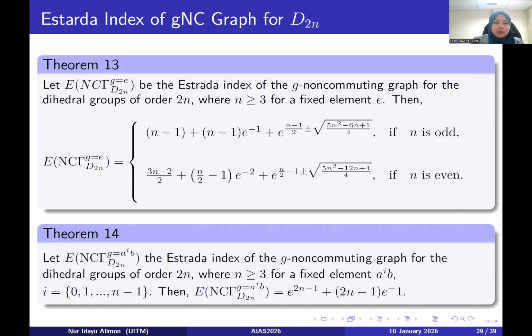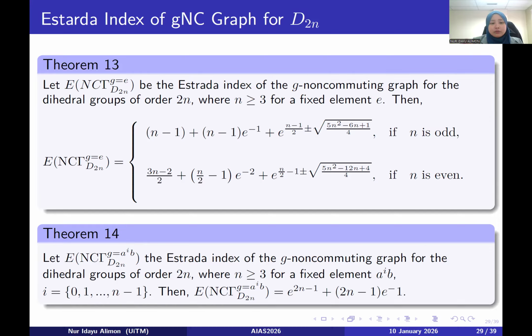Those steps are the ones where you need to find the groups and then the elements, and then you come out with the graph, and then from the graph you need to come up with the adjacency matrix, and then the characteristic polynomial, and then compute the lambda, the eigenvalues.